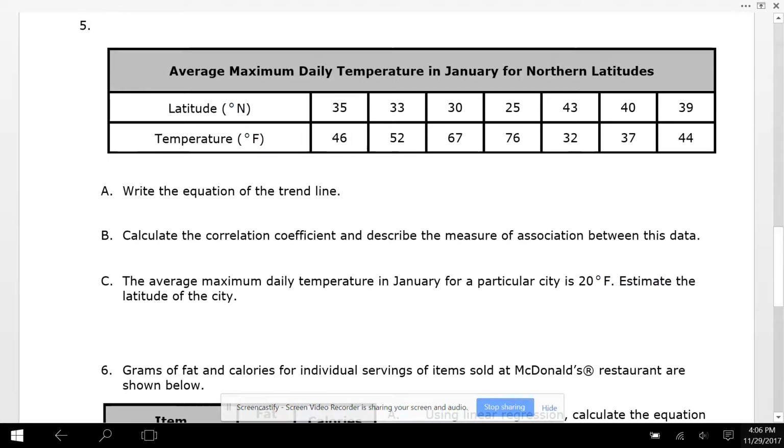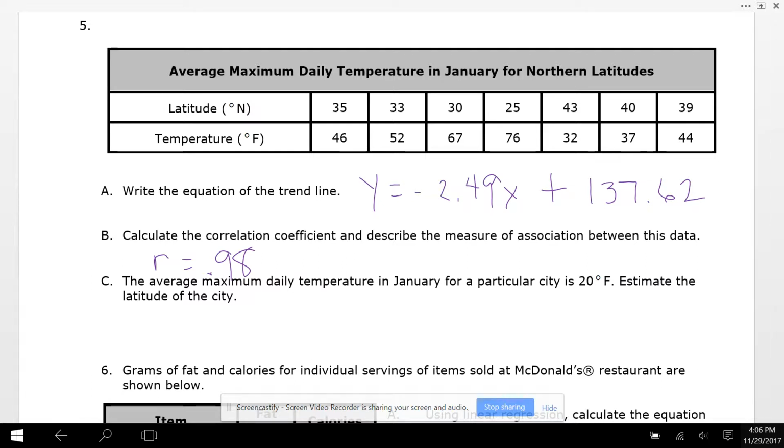Are we on number 5? We did number 4. Okay, so the equation was y equals negative 2.49x plus 137.62. Correlation was R equals 0.98. Okay, strong.